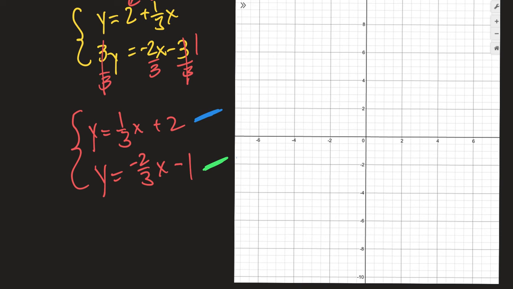Let's try this again. Notice the scale on this grid. This is 1, this is 2, this is 3, this is 4, this is 5, this is 6, and so on. So I plotted the y-intercept correctly at 2. But when I go up 1 unit, that's really 2 squares. So I have to go up 1 and over 3 units, which is 6 squares.